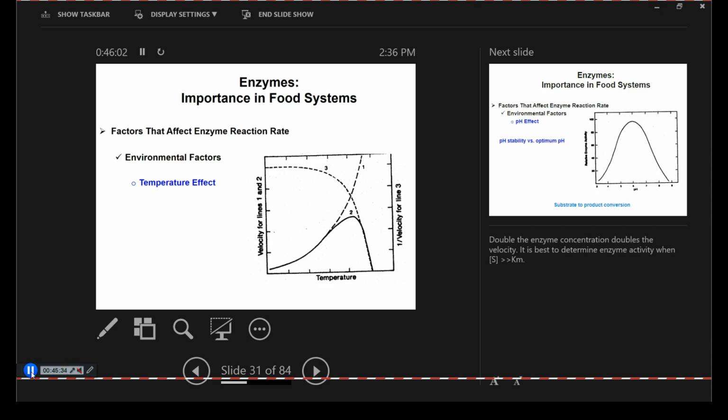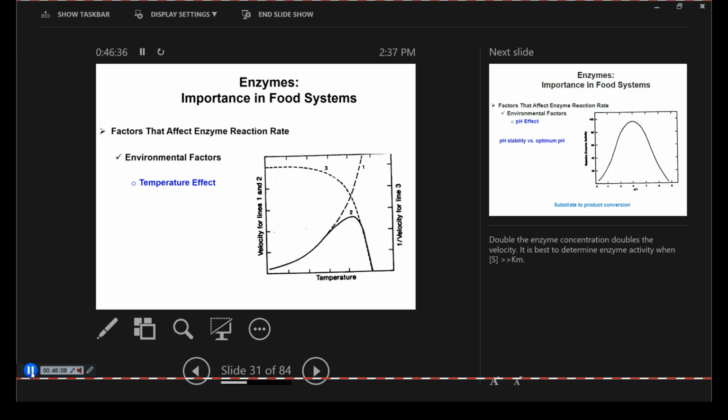All right, temperature effect, which you're familiar with. There is an optimum temperature for the enzyme, or for any reaction. When you increase the temperature, you increase the kinetics of the reaction. So you would start off with a higher velocity with higher energy, higher temperature. However, since enzymes are proteins, you reach a certain point, and then you see a very significant drop in activity after a certain temperature.